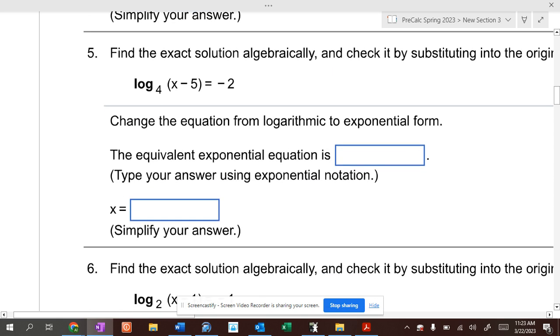So what's the exponential equation for this one? 4 to the negative second equals x minus 5. Or x equals 4 to the negative second plus 5.